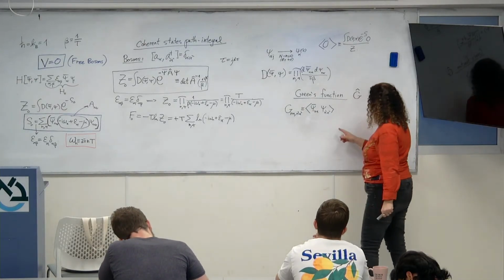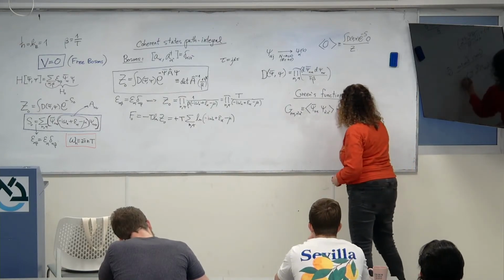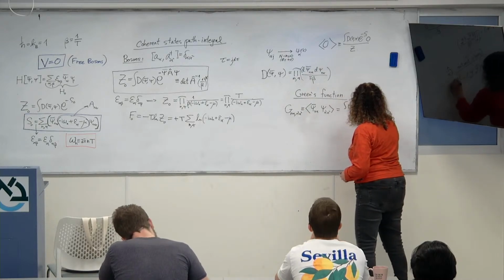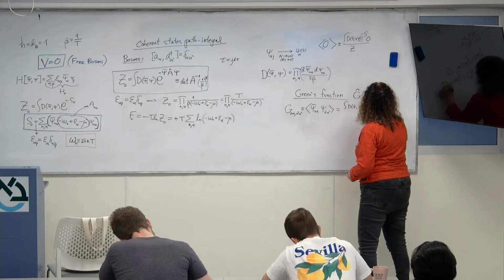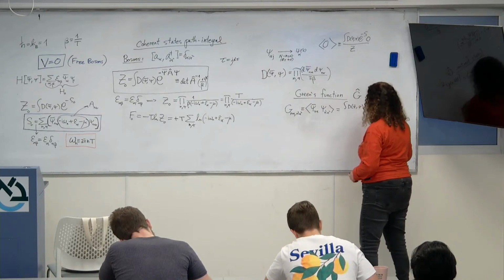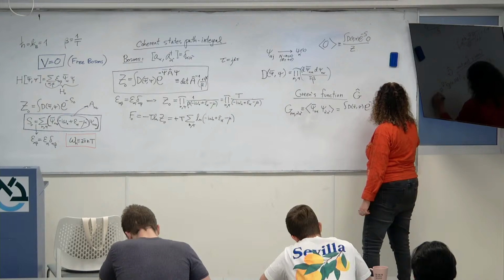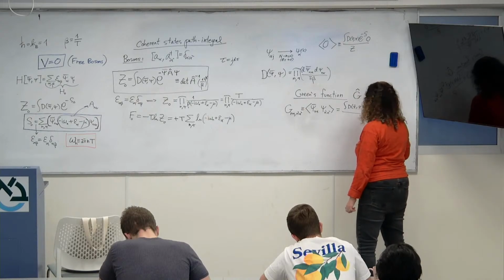And in particular, if we want to compute this, I have to integrate over psi bar psi, e to the minus S, psi bar n alpha psi n prime alpha prime, divided by Z.